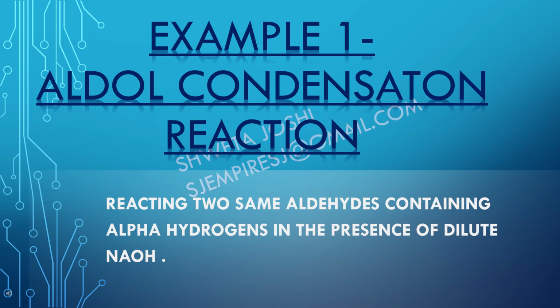In this case, we are going to take the example of reaction between 2 ethanal molecules, which is also known as acetaldehyde, reacting in the presence of sodium hydroxide, that is NaOH, for forming the aldol product.